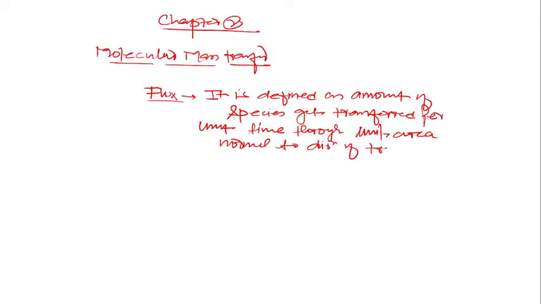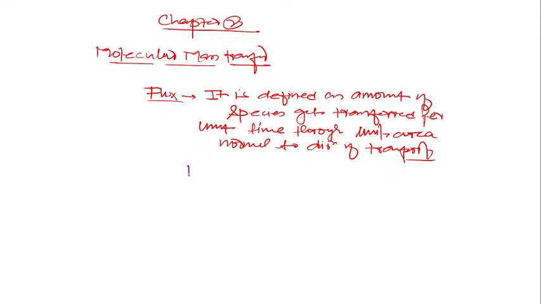So flux is defined as how much amount of species has been transferred per unit time through unit area normal to the direction of transport. That's called flux.